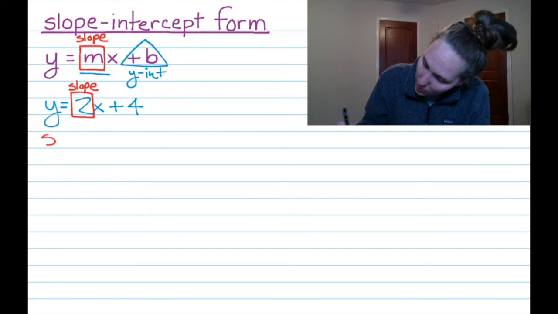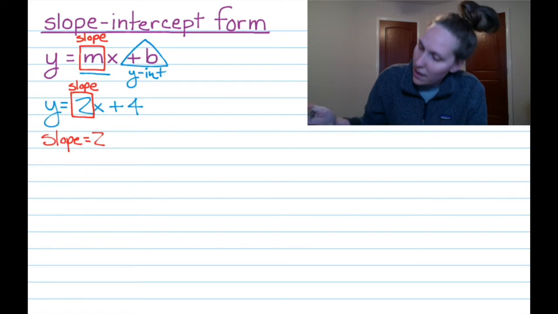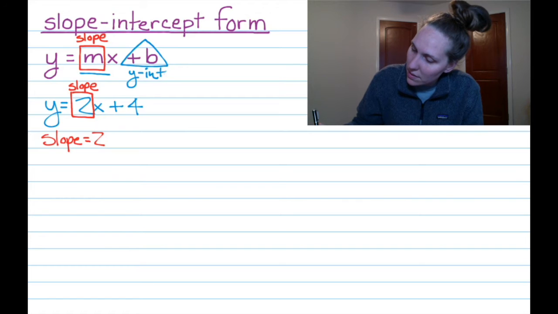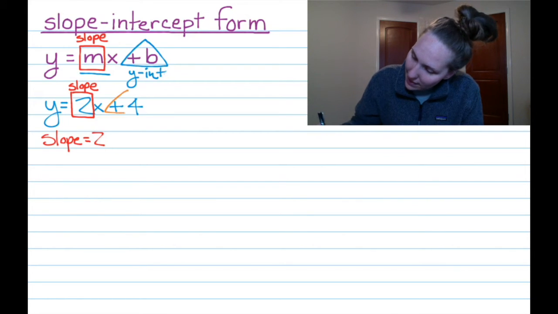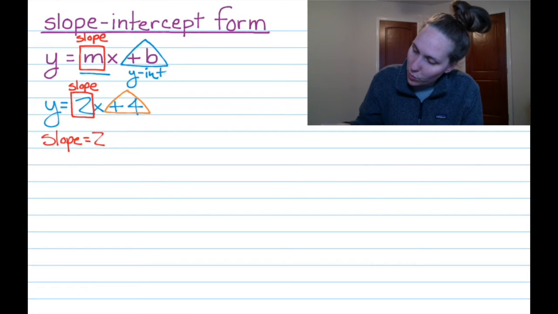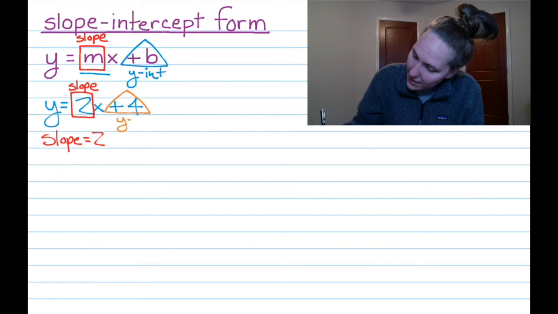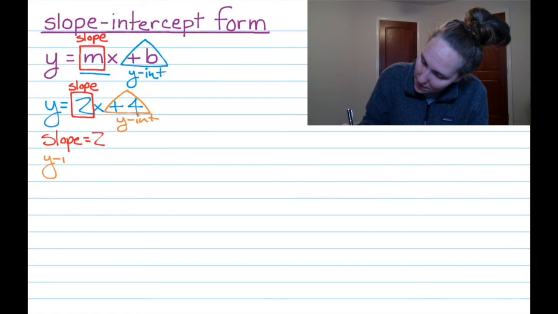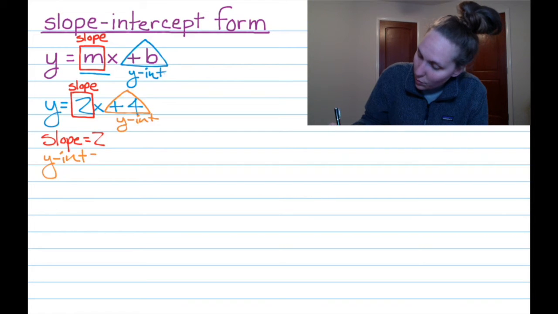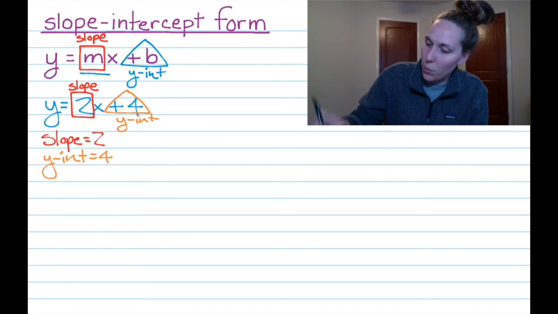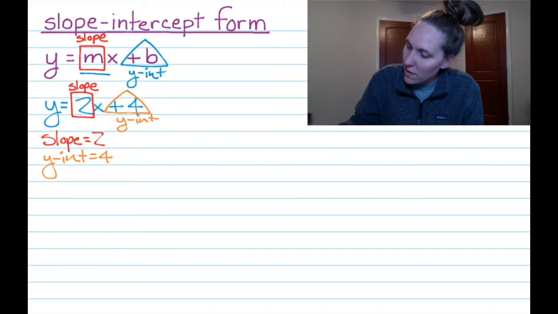So the slope here is 2. And then our y-intercept would be positive 4. Again, it's really important that you include that sign.